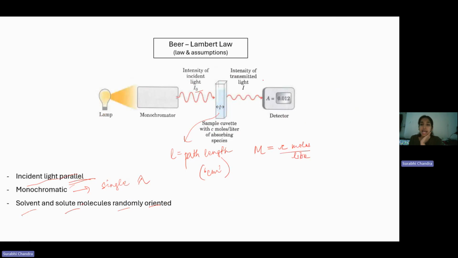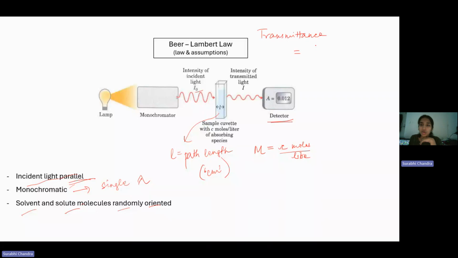Due to the presence of the sample, it will absorb some amount of light and transmit the rest, and this transmitted light is detected by the detector over here. Now, there's a term called transmittance.